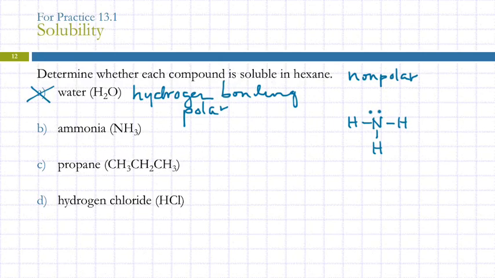So you have to count up the number of valence electrons, make sure that you account for all of them, give people octets, etc. This is the Lewis structure for ammonia. Is it polar? Yeah. There's a lone pair on the central atom. It's a polar molecule. So ammonia is polar. Is it going to interact with hexane? No.